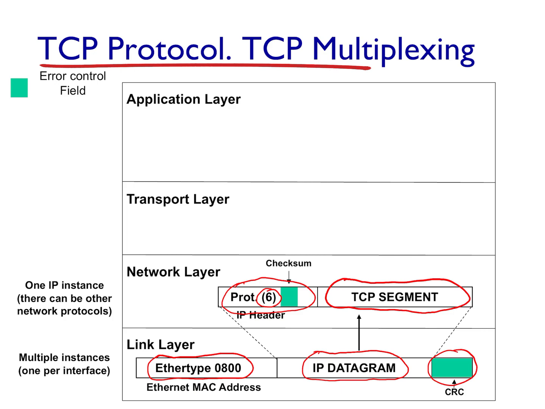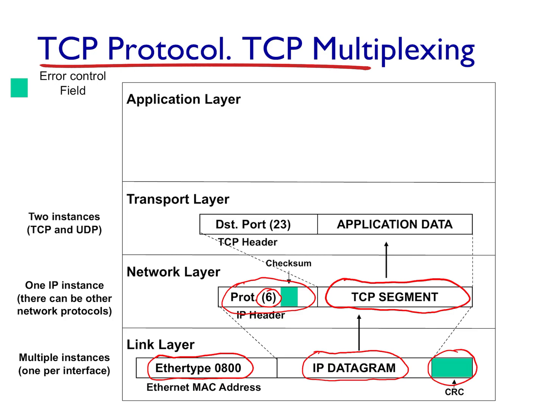If we go up from the network layer to the transport layer, the TCP segment format is as follows. You have the TCP header and the data, the payload, as usual. How to know which is the specific type of data we have for the transport PDU? By means of the destination port.